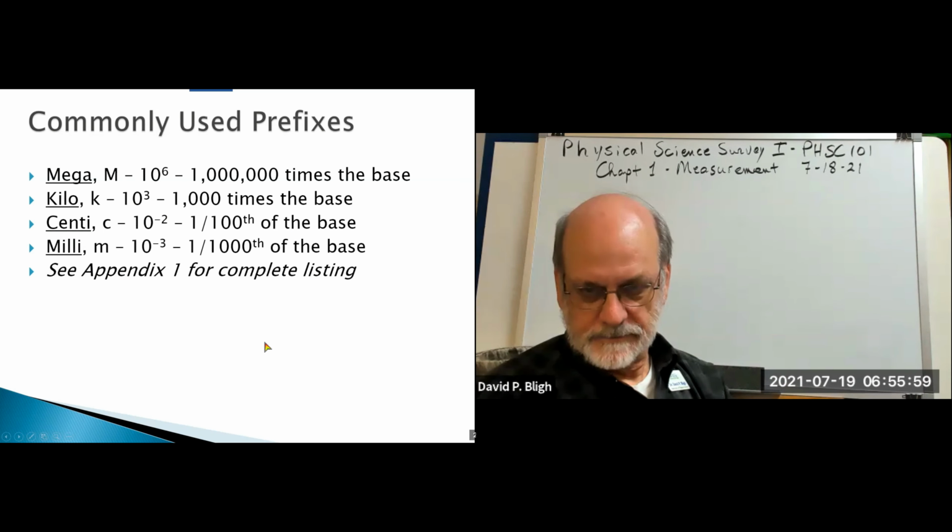So here we have a liter, which is a base unit for many of the measurements we make in the sciences, but it's not a fundamental unit. The liter is a derived unit from measurements of length, right?